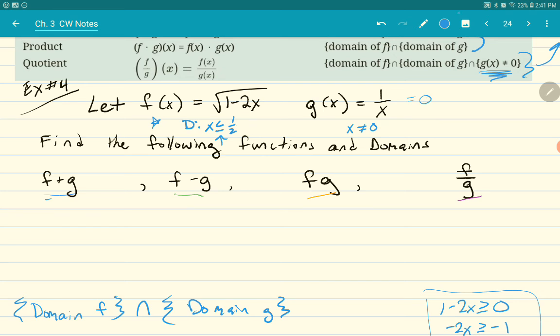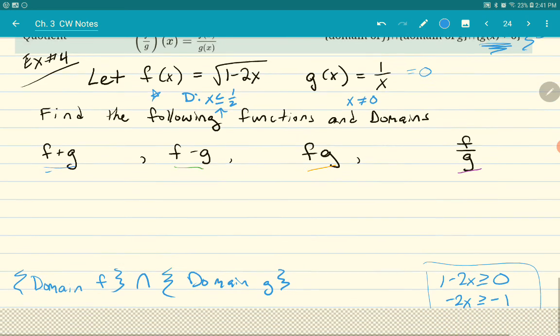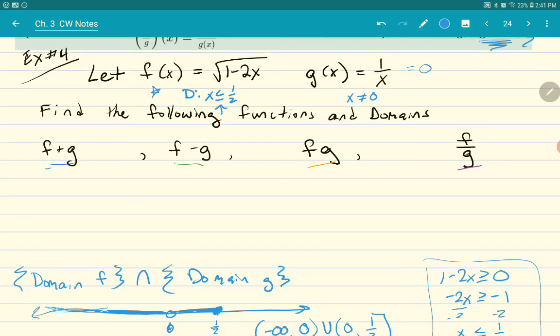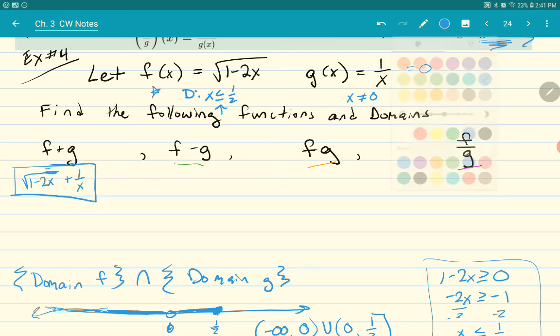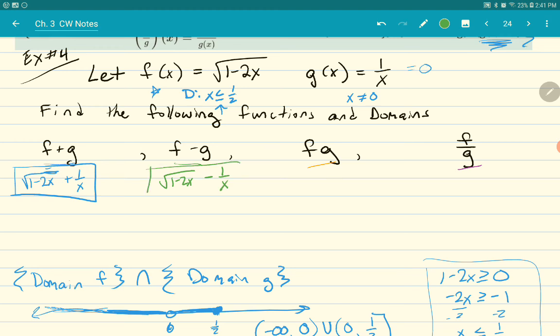And then let's do the operations. So f plus g is radical 1 minus 2x plus 1 over x. I really can't combine those, so that's my final sum. And my difference, again, I won't be able to combine these. These are very similar, except changing that plus to a minus.